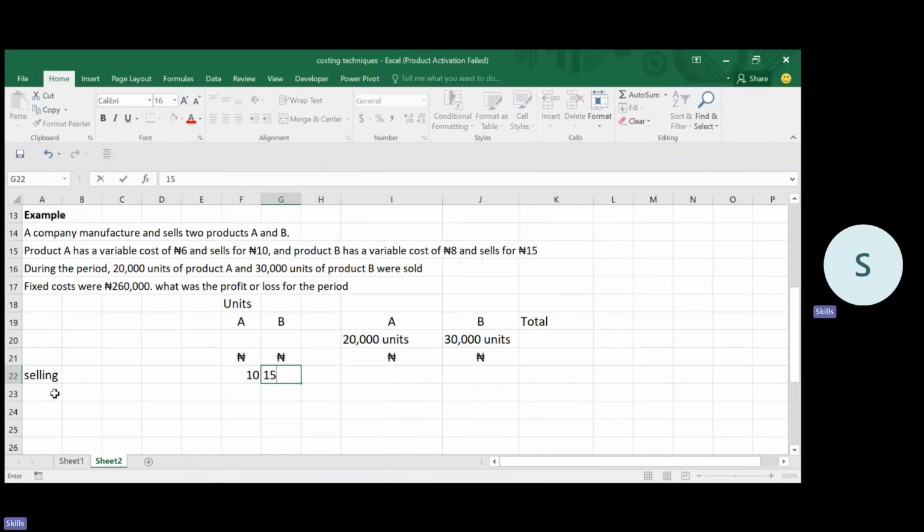And then the variable cost for product A is 6 naira. For product B is 8 naira.